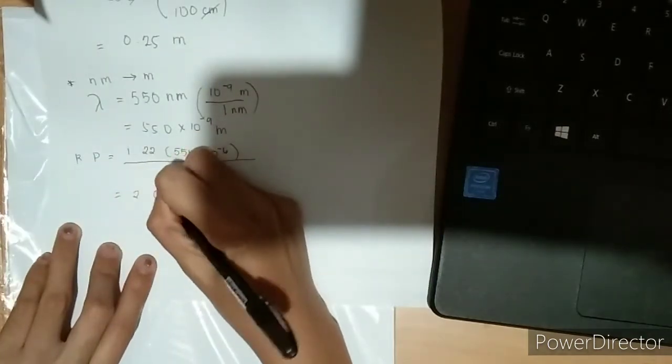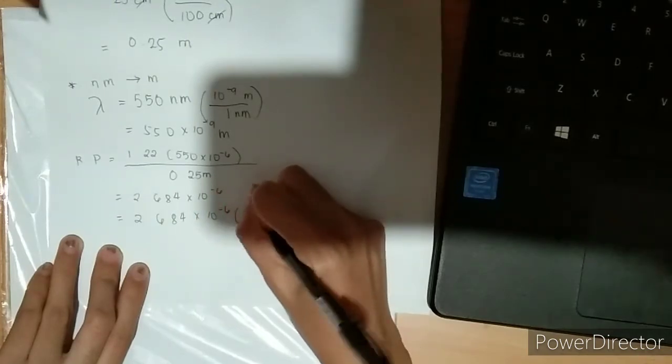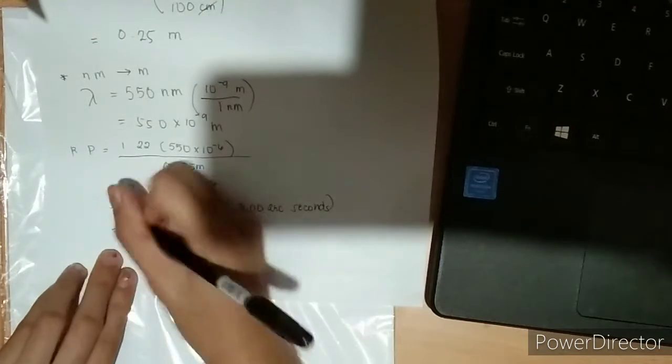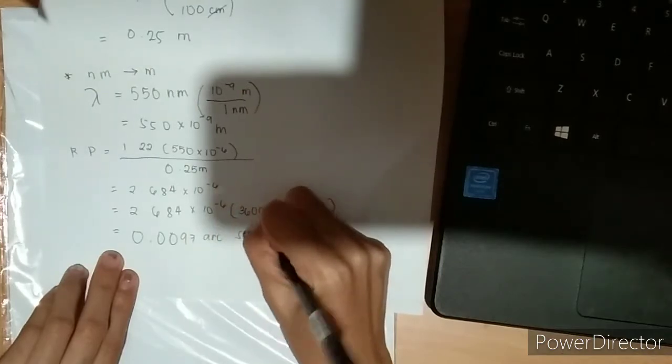Just need to substitute 0.25 for the diameter, or for the d. 1.22 multiplied by 550 times 10 raised to negative 9 meter over 0.25 meter is equal to 2.684 times 10 raised to negative 6.